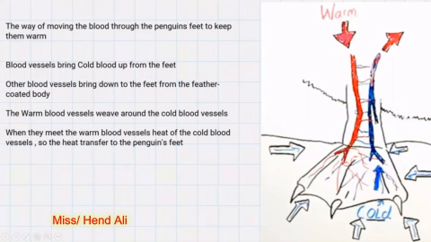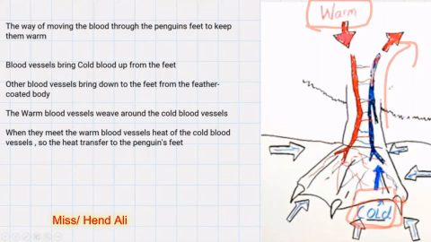This is the penguin's feet. As you can see, there are two types of blood in the penguin's feet: cold blood and warm blood. The blood vessels bring cold blood up from the feet, which means the cold blood moves from the penguin's feet to its body.